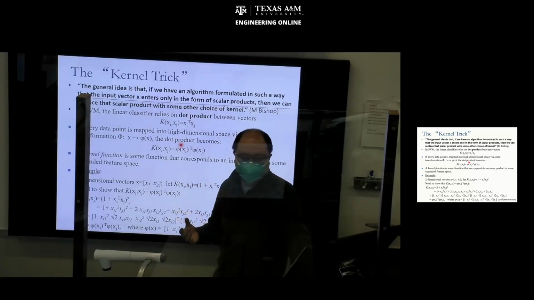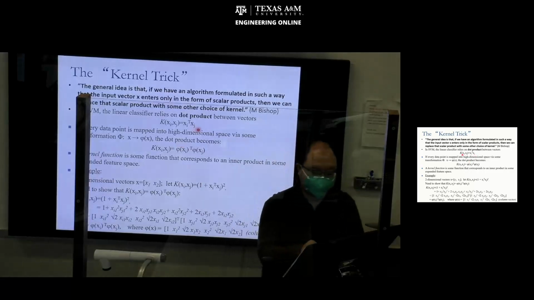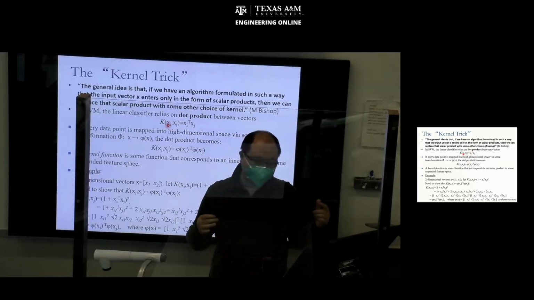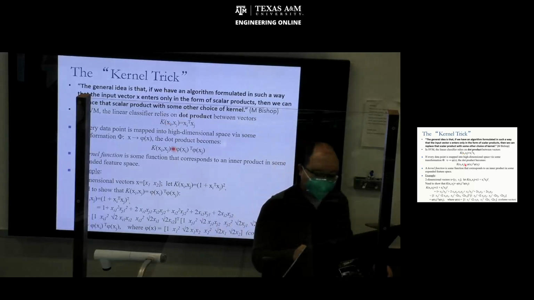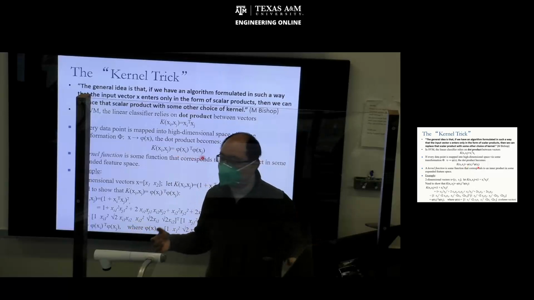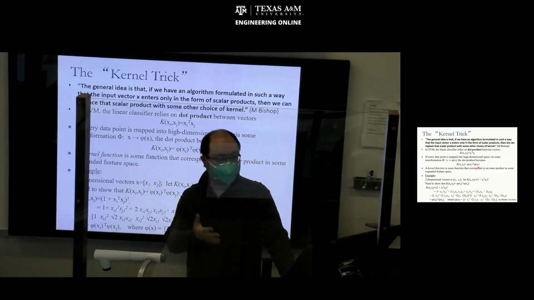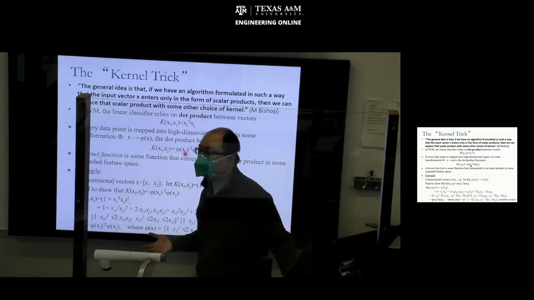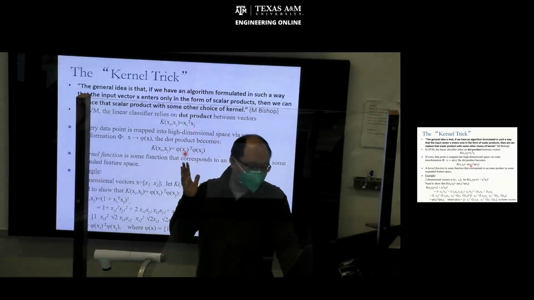In that case, the kernels were linear, dot products. If you want to generalize it, one idea is you replace x with phi. So in the higher dimensional phi space, you still have a linear kernel, but in the original x space, it's nonlinear. So it's a very powerful way.